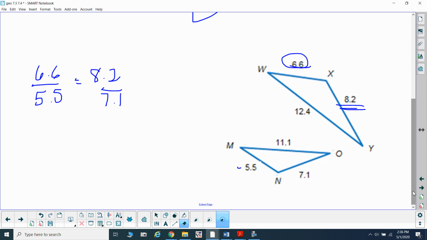Let's just try that one. So 6.6 divided by 5.5 is 1.2. If I do 8.2 divided by 7.1, I get 1.15. So these are not similar triangles because the sides are not proportional.